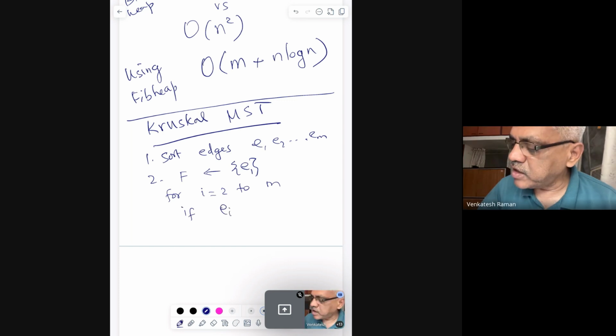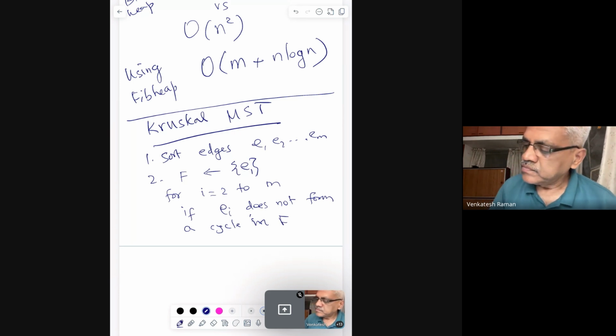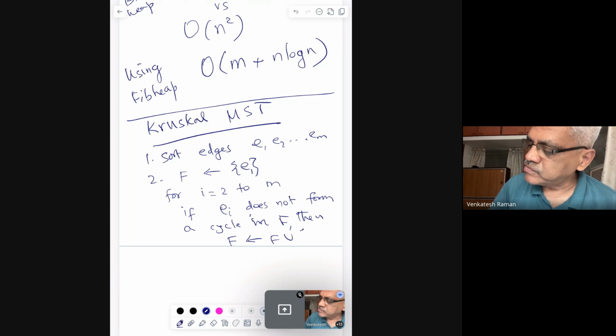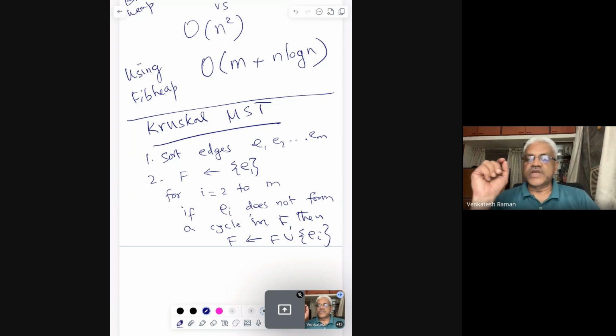If Ei does not form a cycle within F, then F is F union Ei. That's all Kruskal's algorithm. So again, step one, if I want to analyze an algorithm, write it down precisely. That's what we've done now.